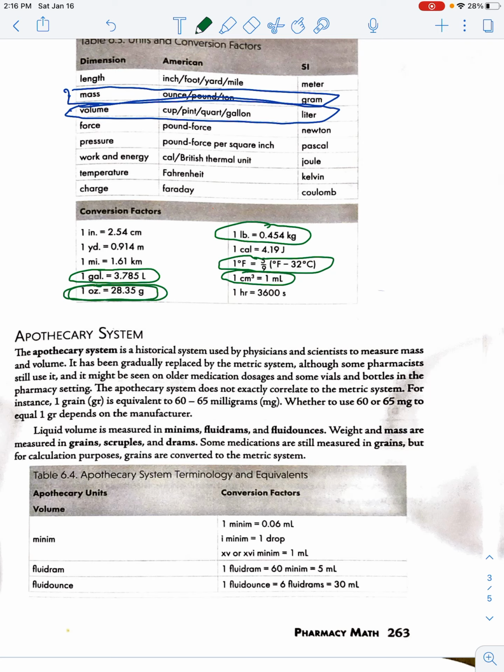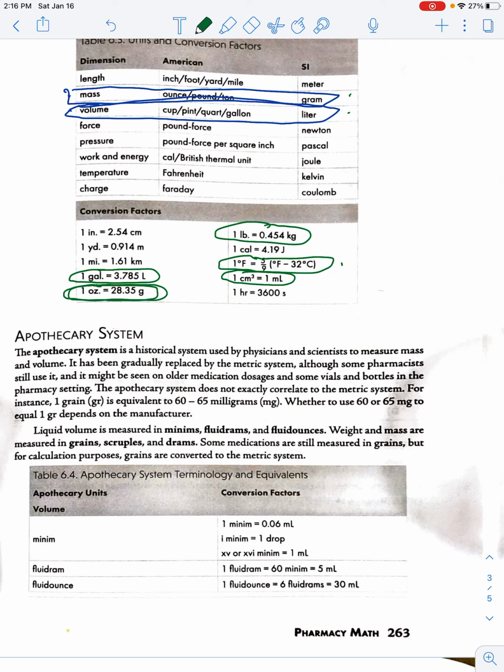So again, I'm not telling you not to memorize all 10 of these conversion factors, but if you're thinking about maximizing your memory capacity and your time, the ones involving mass and volume are pretty important. And even, I would say, temperature as well.